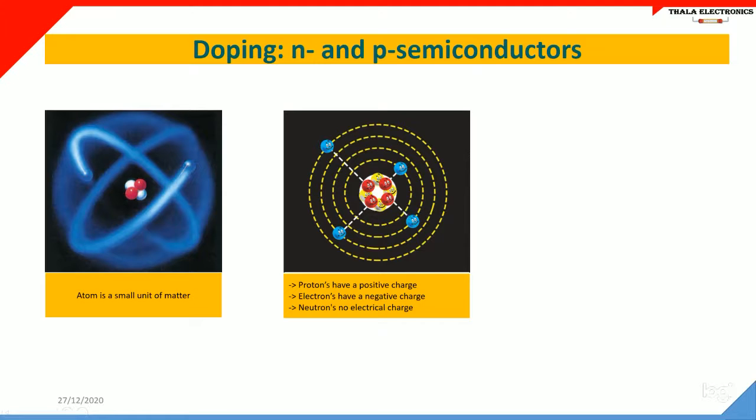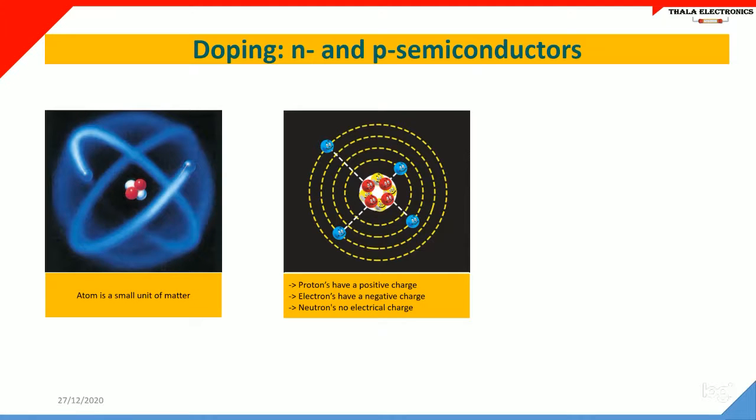The electrons are attached to the nucleus with electromagnetic forces, and the protons are attached to the neutrons with nuclear forces. The number of protons in the atom is called the atomic number.